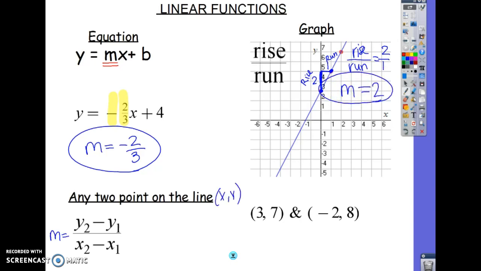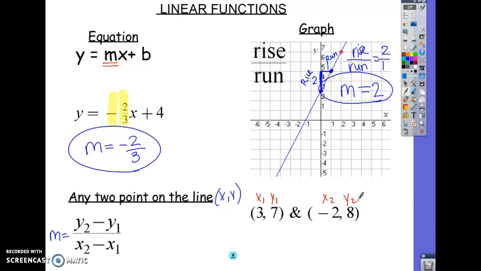We can also find the slope if we are given 2 points, such as 3, 7, and -2, 8. Remember, for your points, you always have your x and then your y value. We're going to use that formula we looked at earlier: m equals y2 minus y1 divided by x2 minus x1. I'm going to let 3 and 7 be my x1 and my y1, and -2 and 8 be my x2 and my y2.